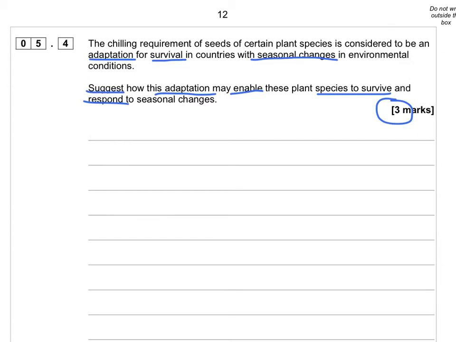Also, you could mention that the embryo starts to grow during the winter, ready for the spring, and it develops during the spring. And then it will obviously emerge during the warmer times when there'll be greater photosynthesis, more light, for example, and then eventually it would produce more seeds and offspring during the growing season to allow it to survive.